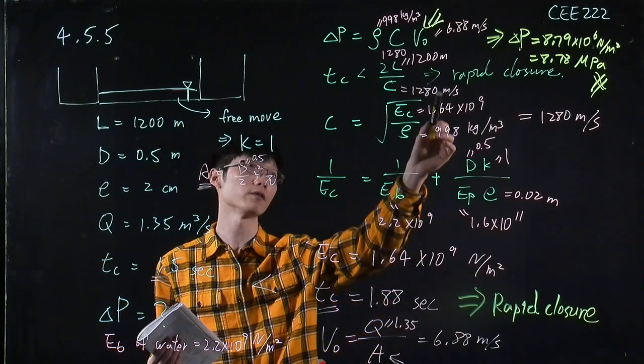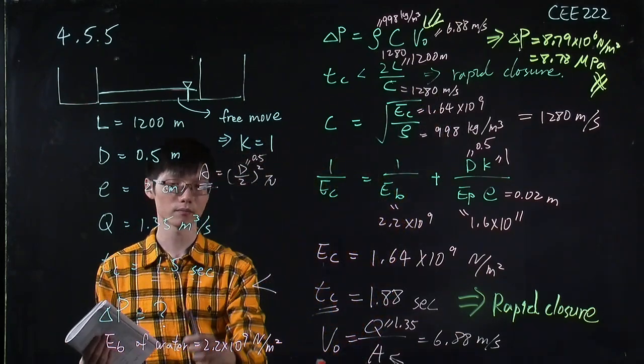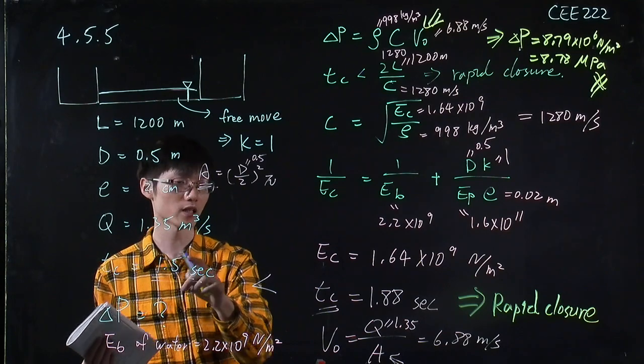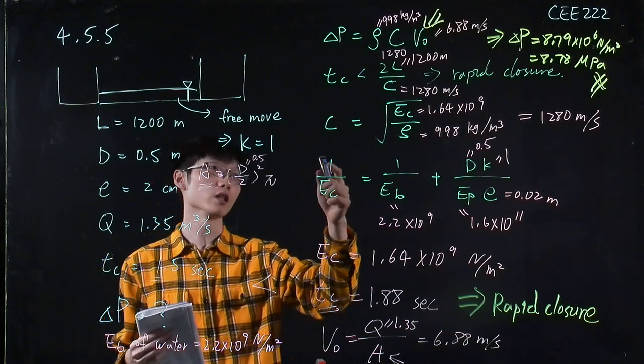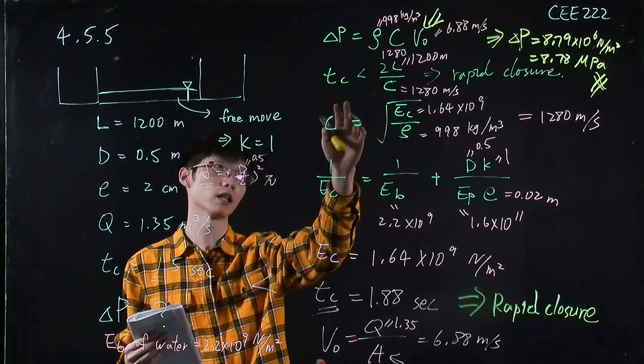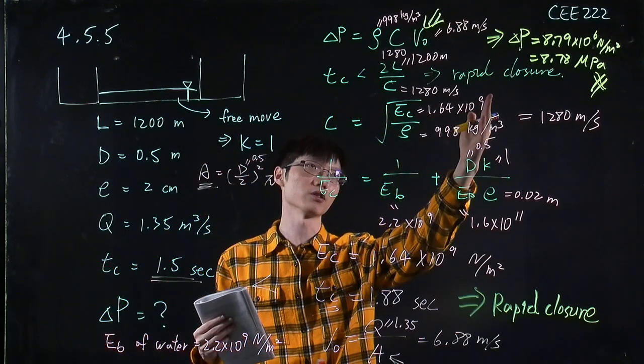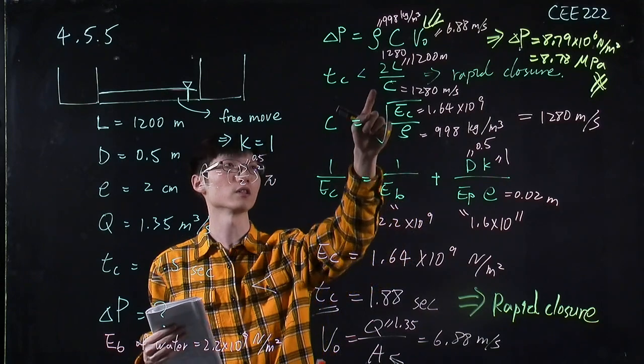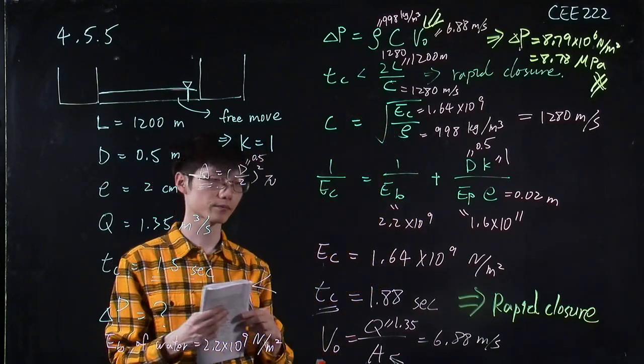So in order to verify whether this 1.5 seconds is a rapid closure time, we need to calculate this equation to find out the criteria that determines the rapid closure or the normal closure.